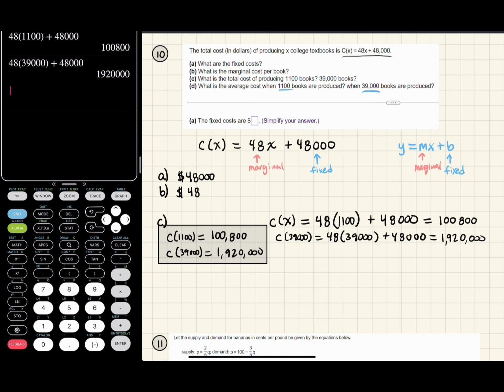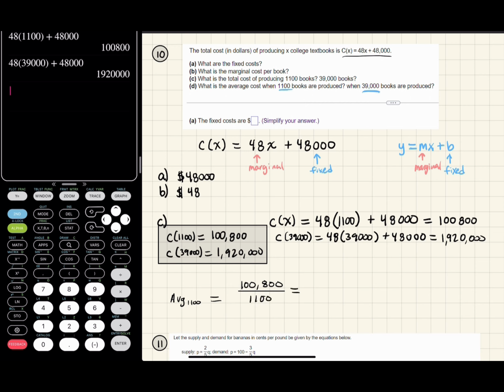So we can actually use our answers from part C to help us with part D. Remember, average cost is just the total cost divided by the number of items produced, or divided by X. So for 1,100 books, we can take that total cost, so the average cost for 1,100 books is going to be 100,800, because that was the total cost, divided by the number of books, which was 1,100.